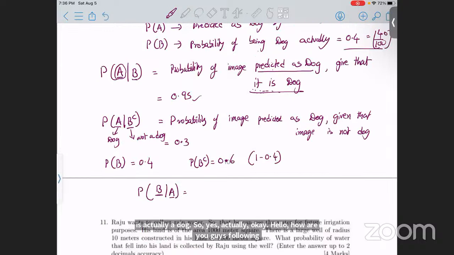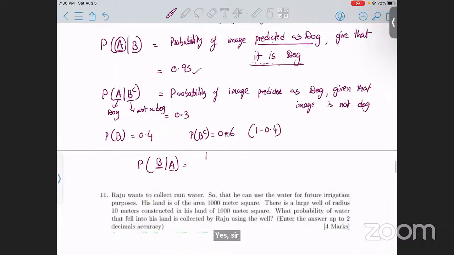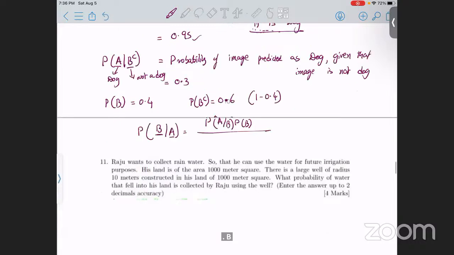Are you guys following? So P of B by A equals P of A by B into P of B divided by P of A by B into P of B plus P of A by B complement into P of B complement.